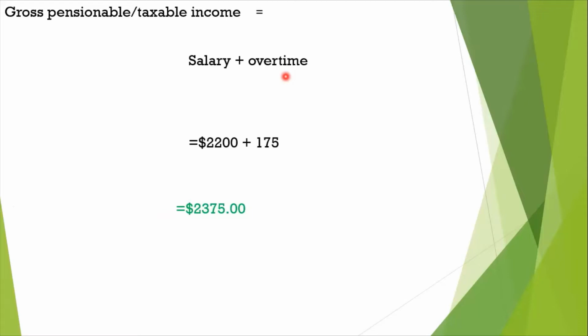So we're only going to work with the salary plus the overtime, and we are adding the overtime to this amount because they are going to be paid on the same paycheck. So the total amount that we are going to work with is $2,375.